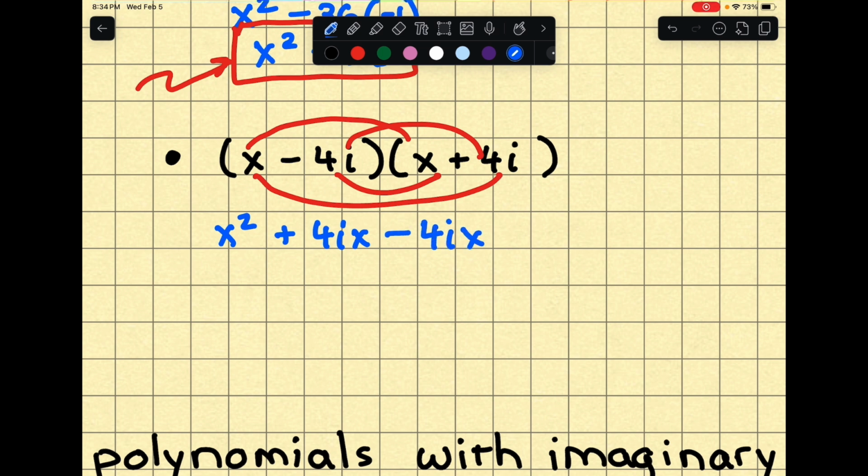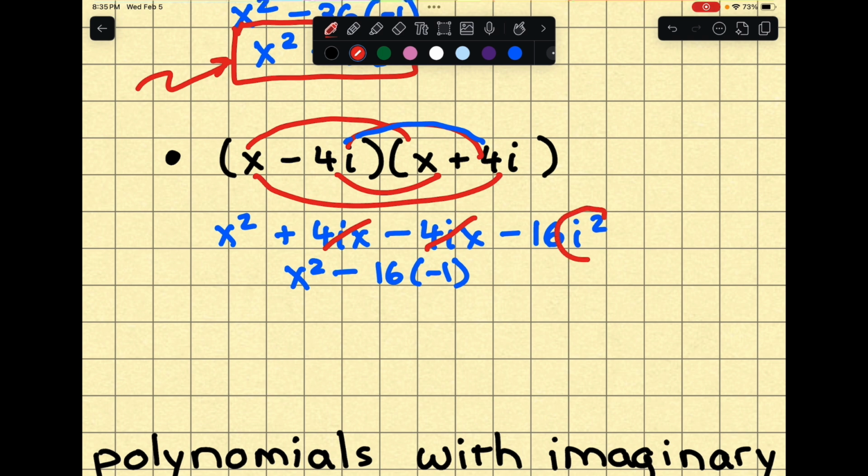And then the last terms will be negative 4i times positive 4i, which is going to be negative 16i squared. I'm sure you're seeing the pattern at this point. Definitely these middle terms are going to cancel out. That's nice. So this is going to simplify to x squared and then minus 16 times negative 1.